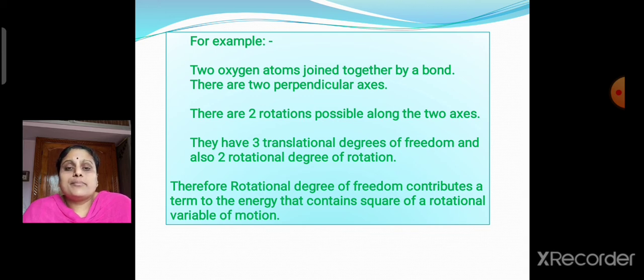There are two perpendicular axes and two rotations are possible along these two axes. They have three translational degrees of freedom and two rotational degrees of freedom. That is, a rotational degree of freedom contributes a term to the energy that contains the square of a rotational variable of motion.